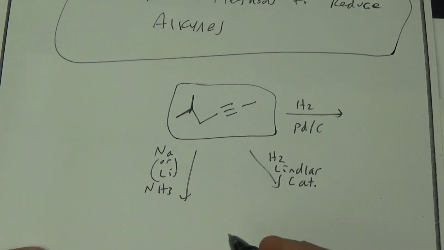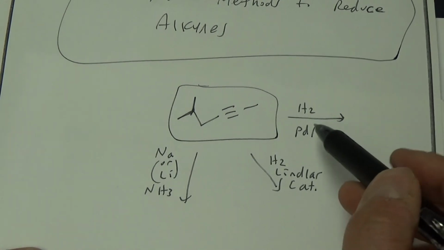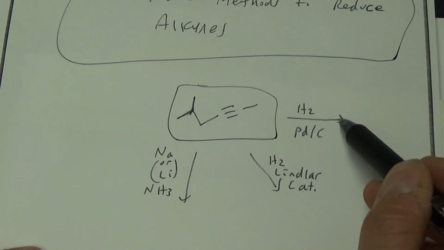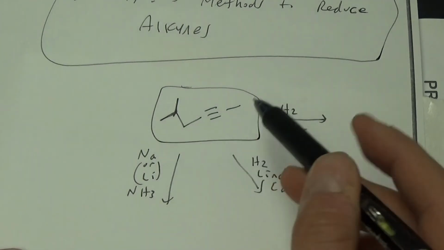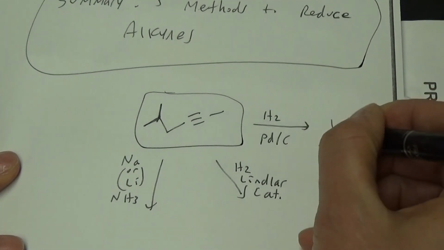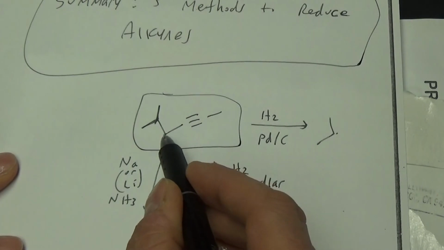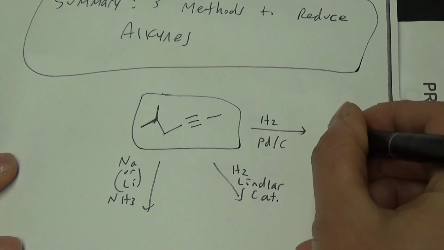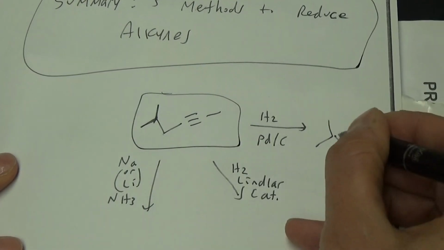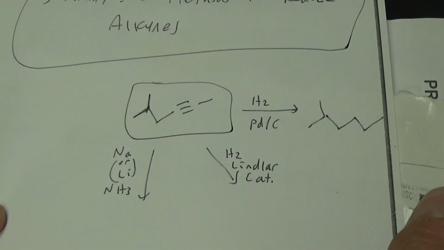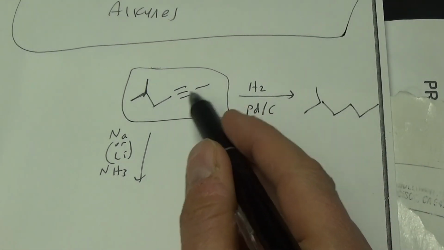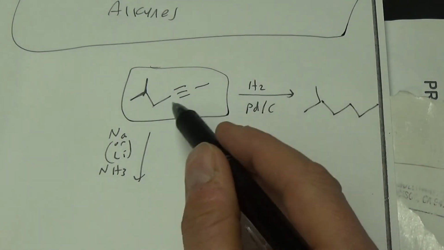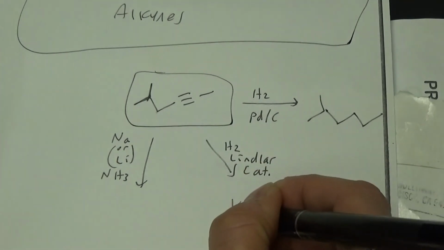So what are the products? H2 palladium on carbon does a full reduction, so down to the alkane. How many carbons do we have here? 1, 2, 3, 4. You just get the alkane. H2 Lindlar is going to convert the alkyne into a cis or trans alkene?